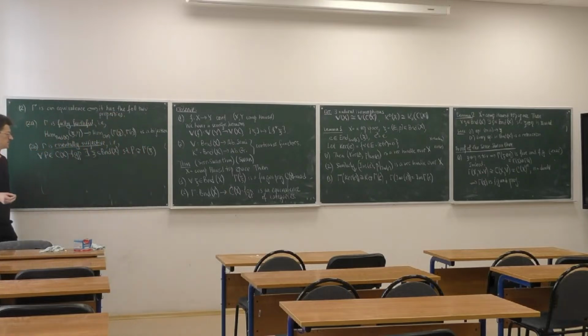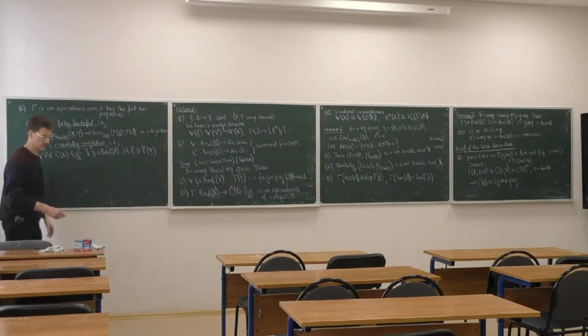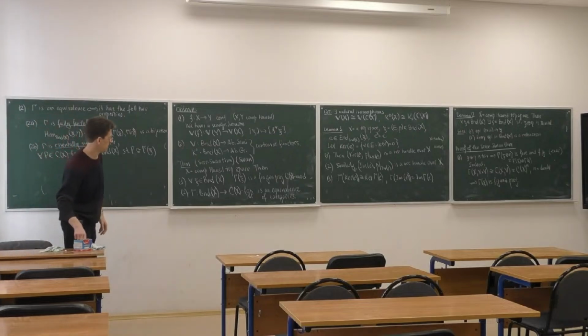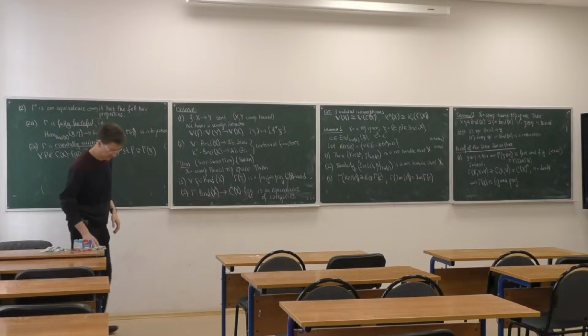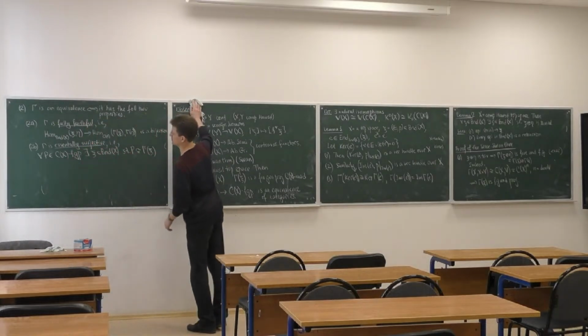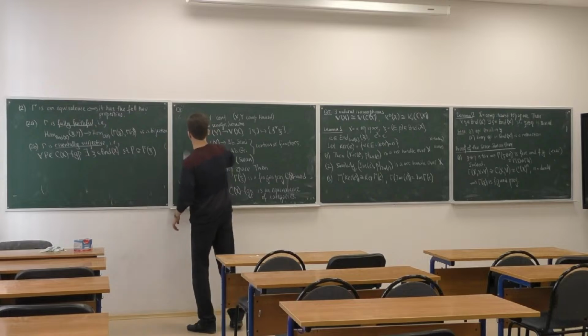So it is surjective up to an isomorphism. Every module is isomorphic to gamma of psi for a suitable psi. So the combination of these two properties is equivalent to the fact that gamma is an equivalence. This is a standard category theoretic fact, which is true for any functor between any two categories. So now we have to prove separately 2a and 2b.